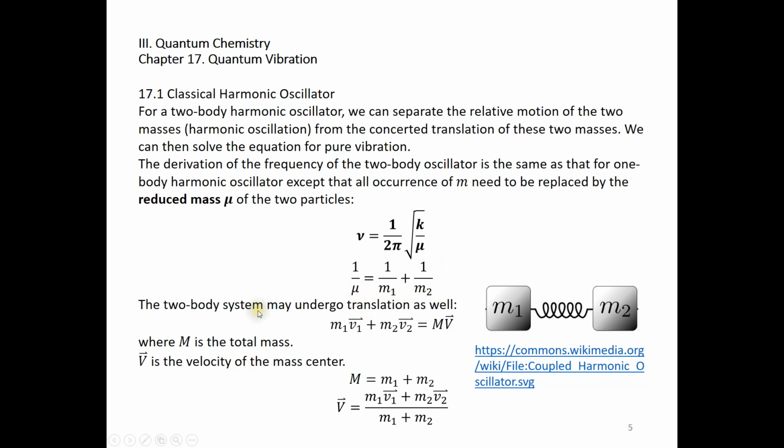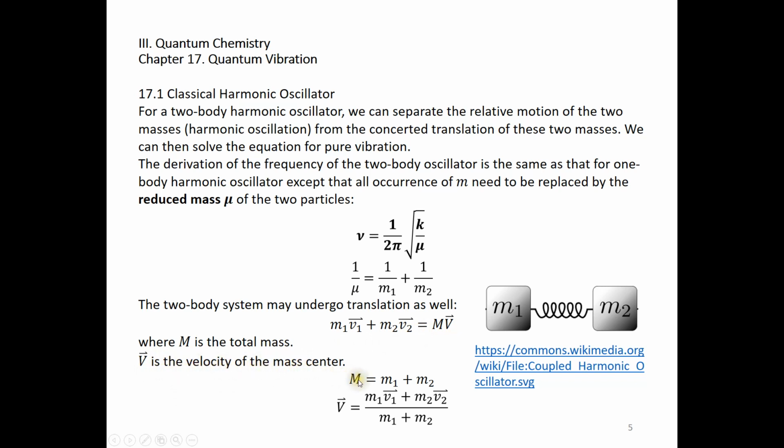The two-body system may undergo translation as well. If we define uppercase M as the total mass, and uppercase V as the translational speed of the center of mass, then we have this equation: m1 v1 plus m2 v2 equals uppercase M V. Again, this V is the velocity of the mass center.